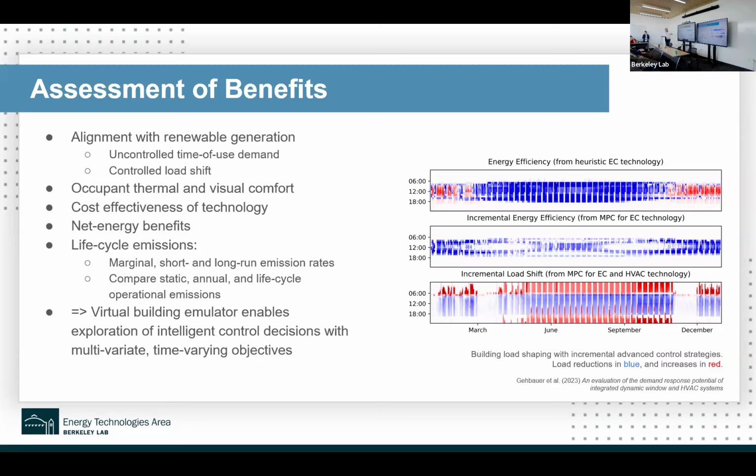So we see in red, we actually increase the energy consumption during the nighttime hours, where we pre-cool the building and lower the temperature, but therefore during the daytime, we have less peak electricity demand. So that's what you see in blue, the reduced energy consumption there.